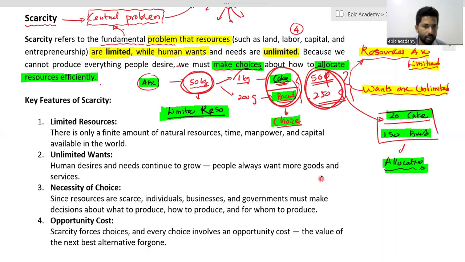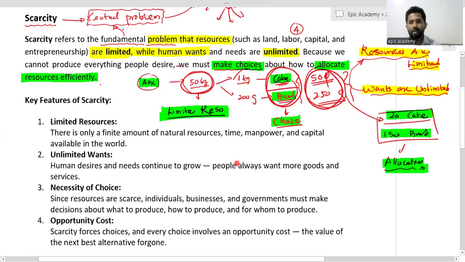Right. Okay, I will explain each and every component by using examples. It is very easy to understand. So now you have to identify what are the key features related to scarcity, the main components of scarcity. The first one, limited resources.